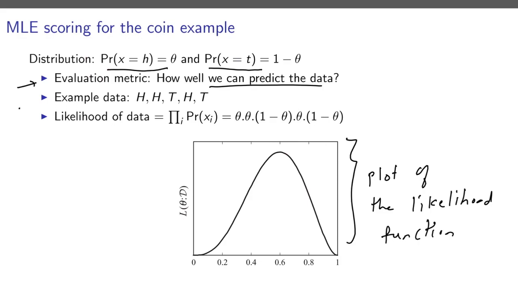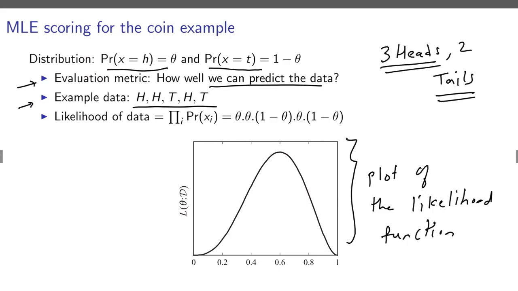So let's say you're given an example data set in which you have 3 heads and two tails. What is the likelihood of the data?